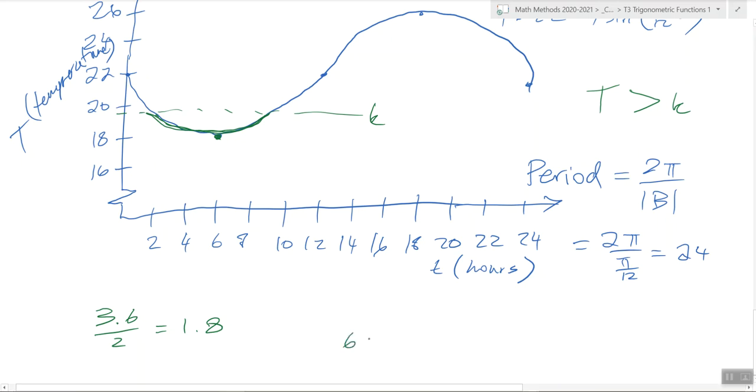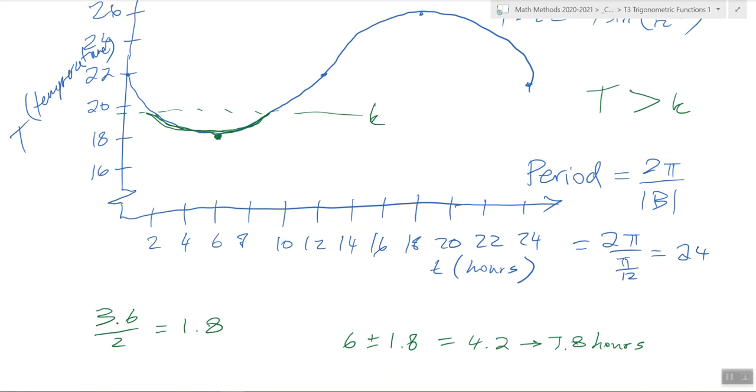So 6 plus or minus 1.8 is 4.2 to 7.8. Does that make sense? So you could sub in 4.2 into the equation, or you could sub in 7.8.